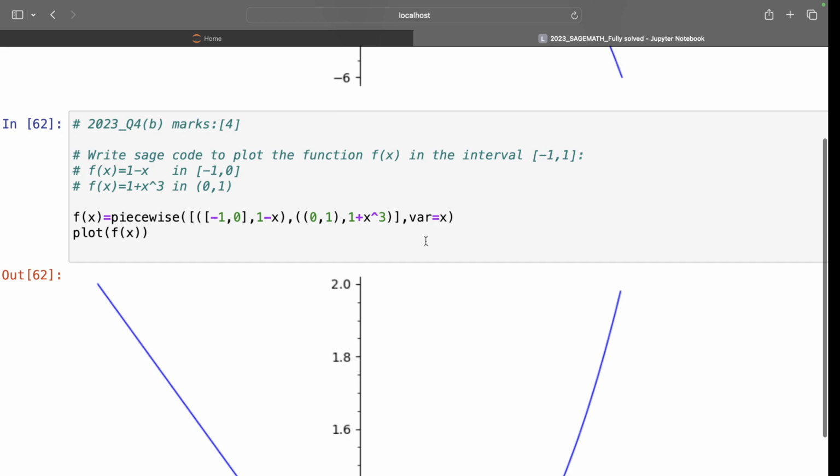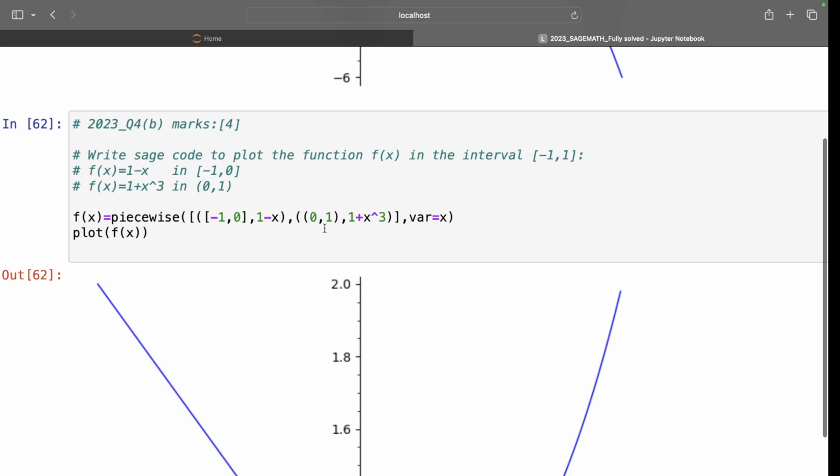This first bracket, third bracket, first bracket, third bracket. The third bracket means the closed interval -1, 0, comma, and in this interval the function is 1 minus x. This is the piecewise function part.